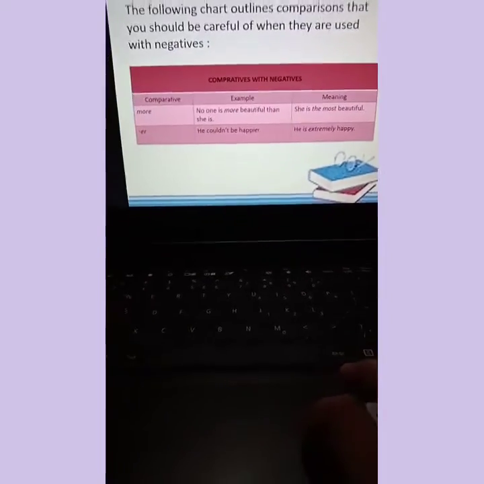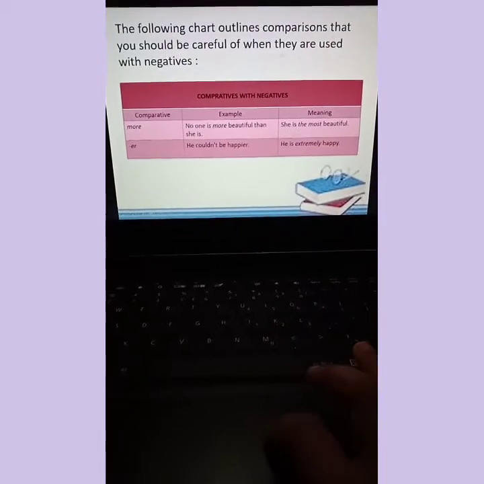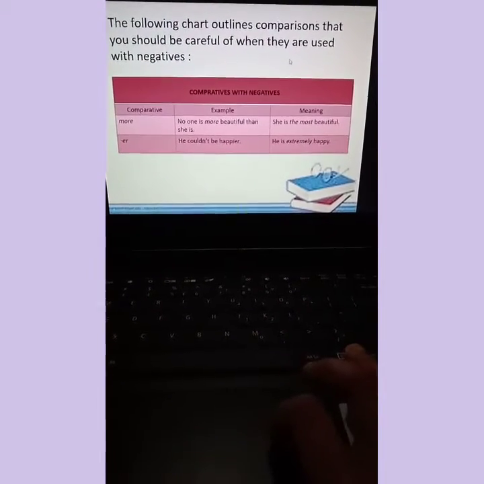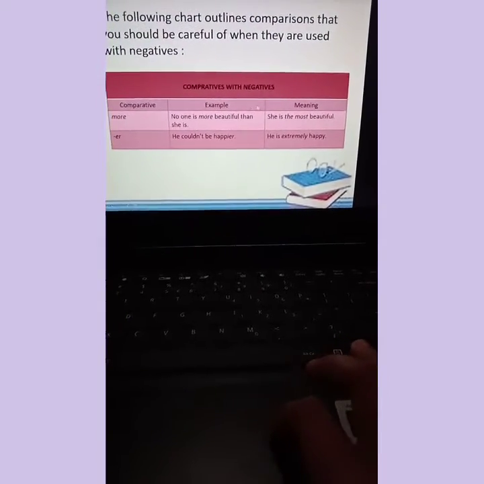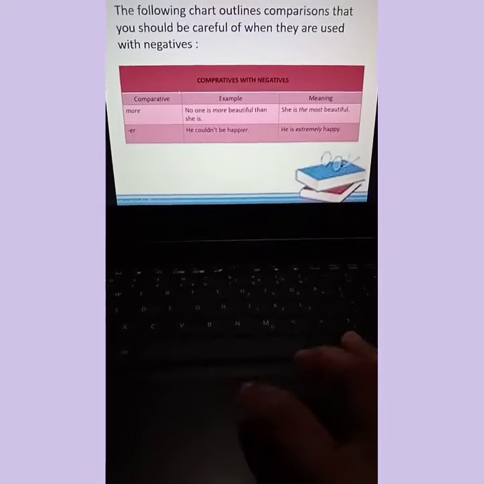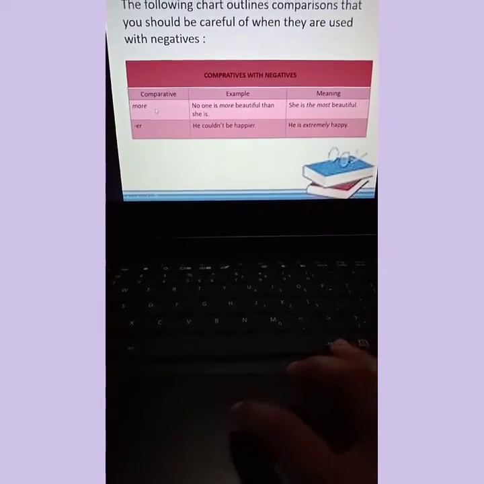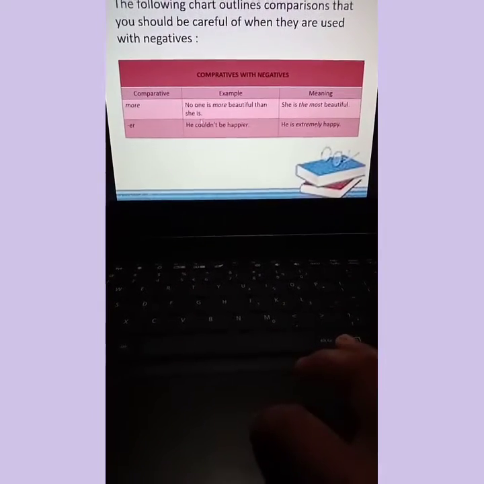Well, this one. The following chart outlines comparisons that should be watched for when they are used with negatives. Comparatives with negatives. So these comparatives. More. Sentence: no one is more beautiful than Sarah.